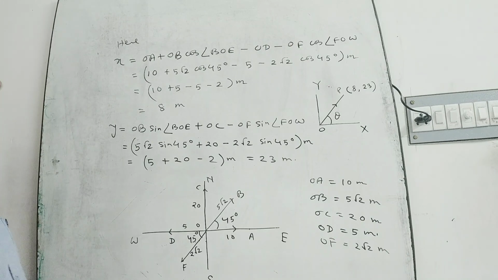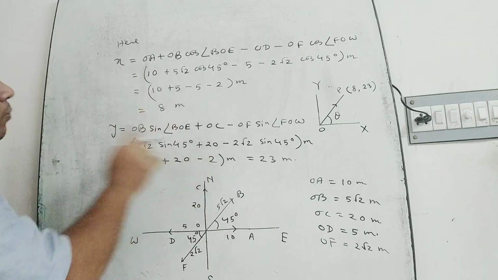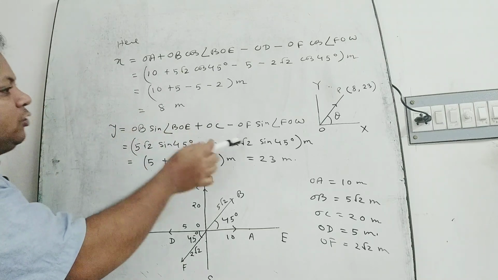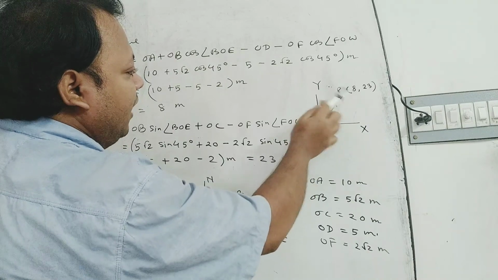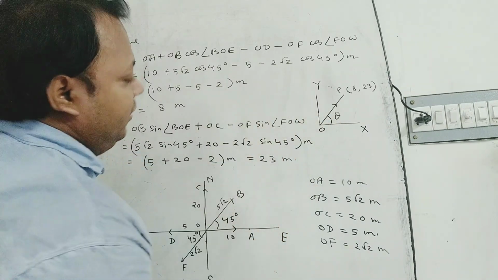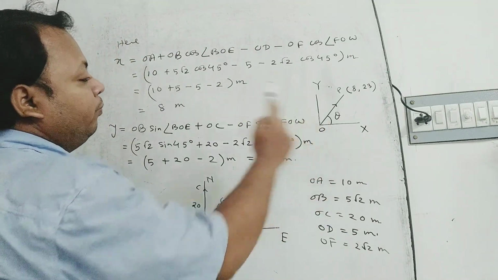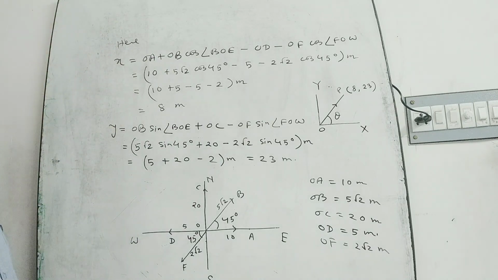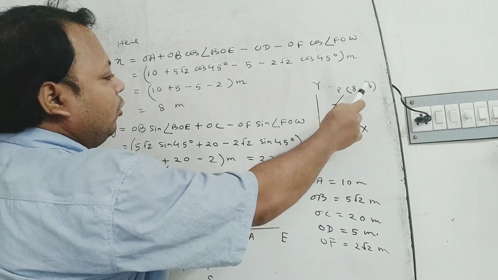Here the values of x and y both are positive. That's why the resultant vector is along positive axis, that is at the first coordinate, the Cartesian coordinate of the OP vector is 8, 23.